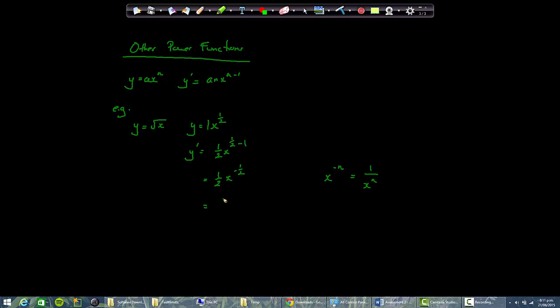And so this could be a half times 1 over x to the power of a half, or 1 over 2 x to the power of a half, or even better, 1 over 2 root x. Because x to the power of a half is root x, and it's on the bottom there.